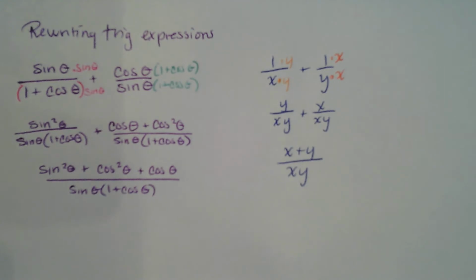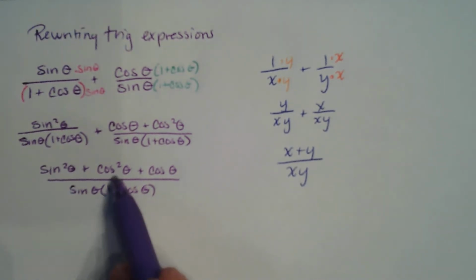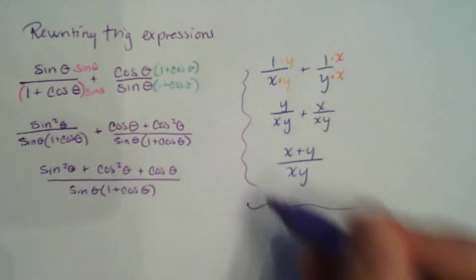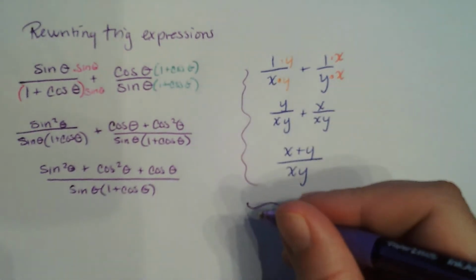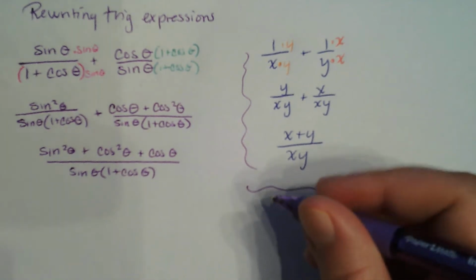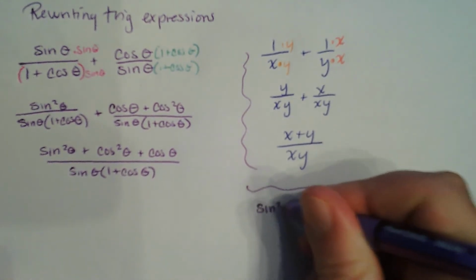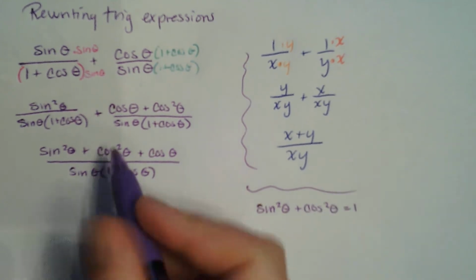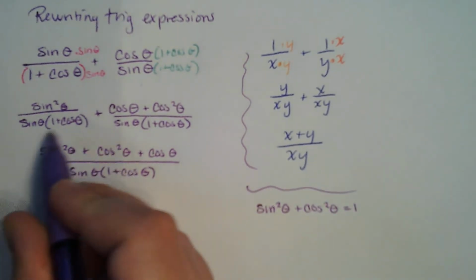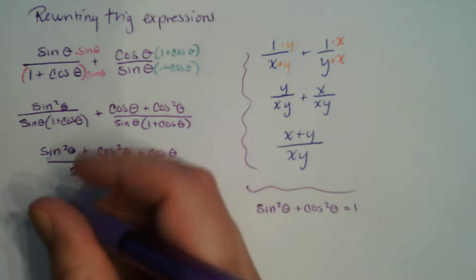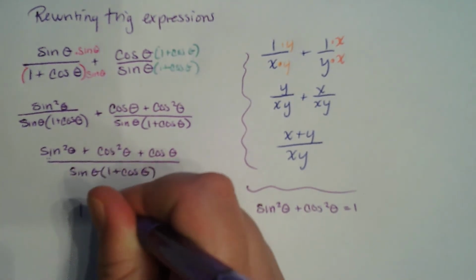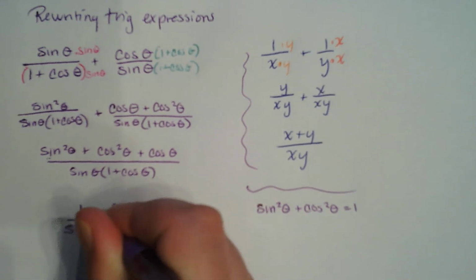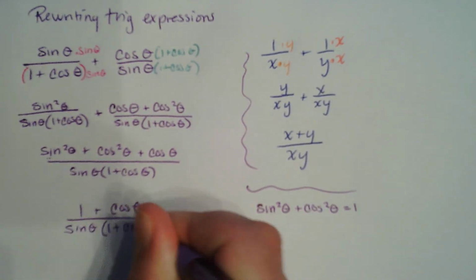And I don't know if you see this, but I see it right here, sine squared theta and cosine squared theta. I'm going to ignore that for a little bit, but I want to be reminded of this identity, which is sine squared theta plus cosine squared theta equals 1. So I can replace this part with a 1. 1 plus cosine theta over sine theta times 1 plus cosine theta.